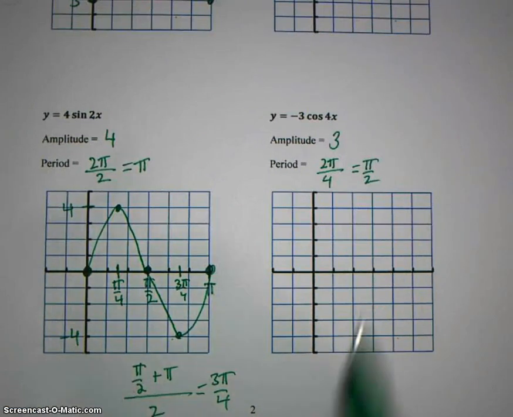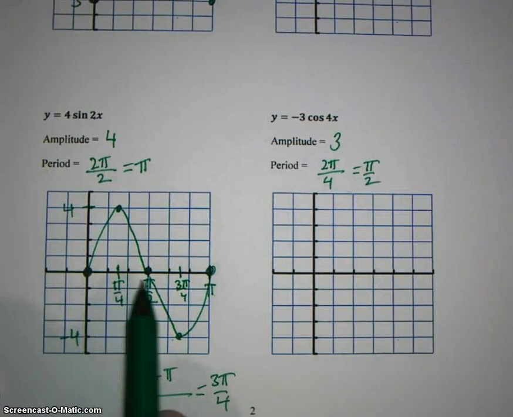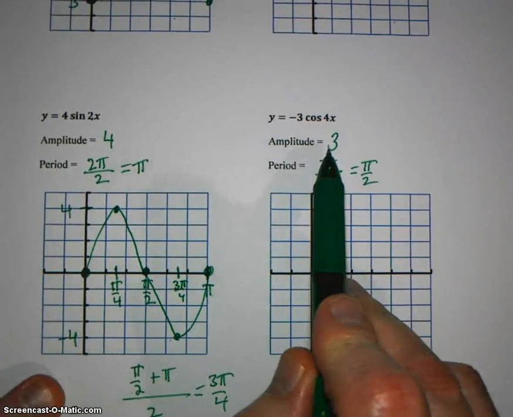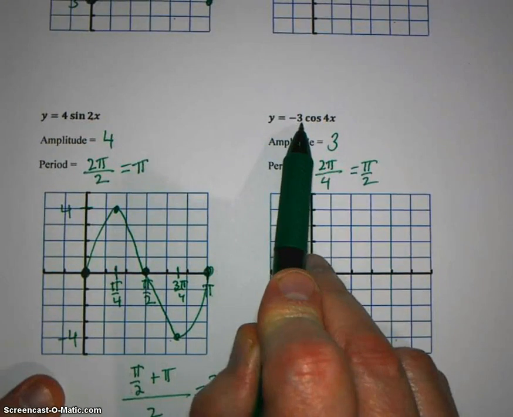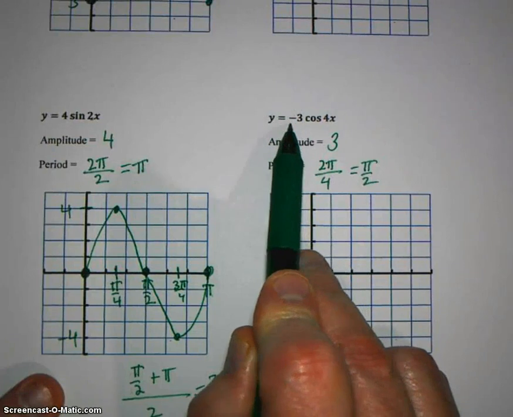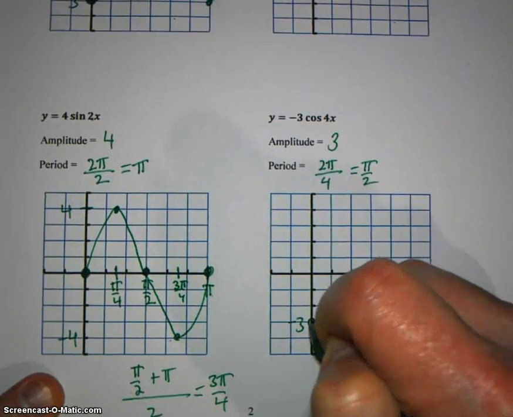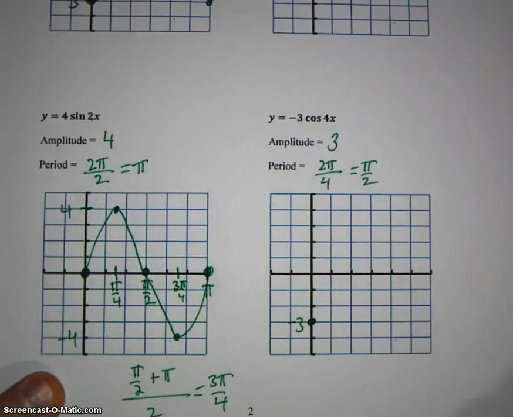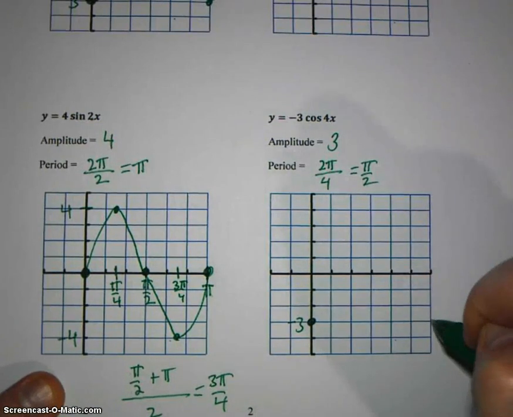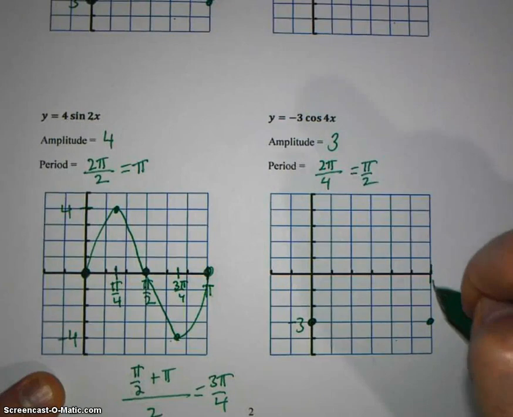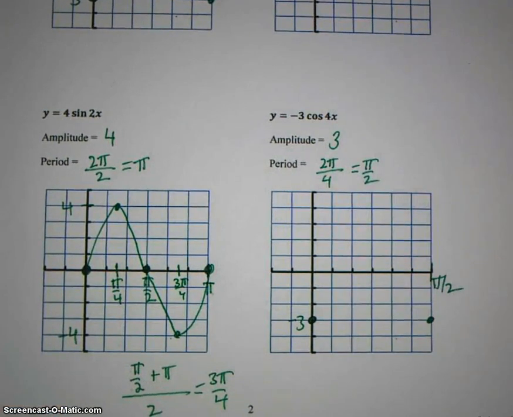So again, what this is going to do is change all of these x numbers. Cosine graph usually starts high, but because of this negative, it's going to start low. So it's going to start at 0, -3. It's then going to end low, and it's going to end where the period ends, at pi over 2.